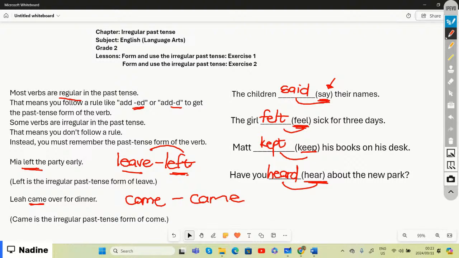All right. So, do we have a better understanding of what irregular past tense are, or do I have to go over it again? Anybody? Do we understand irregular past tense, or should I go over it again?